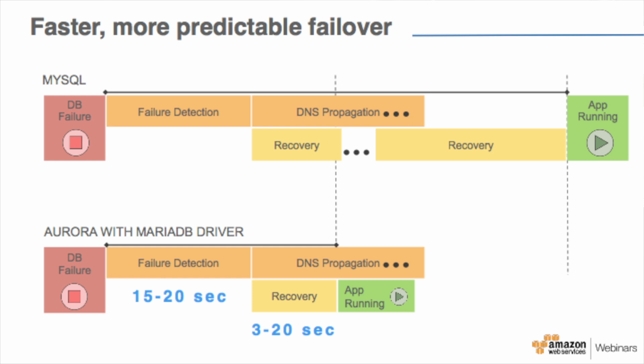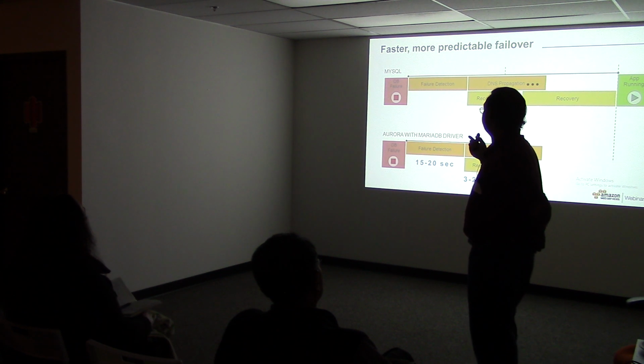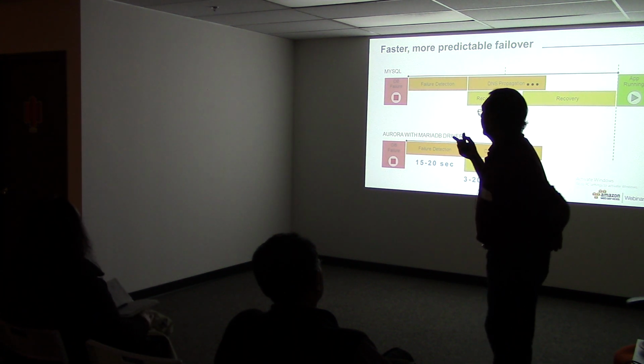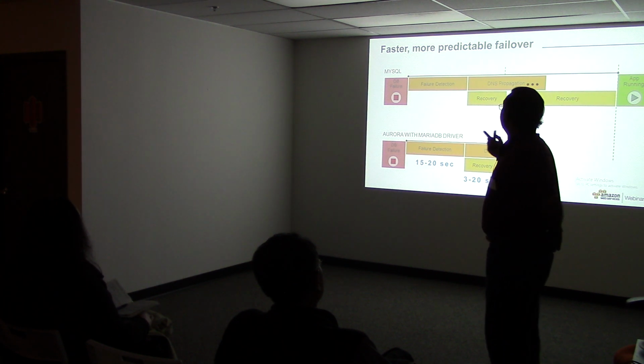So if you add all of this up, instant crash recovery and all the other things we have done, and if you look at the impact of that in terms of failover, this is a quick high-level comparison between what happens in MySQL versus what happens in Aurora. So in MySQL, let's say you have a DB failure, right?